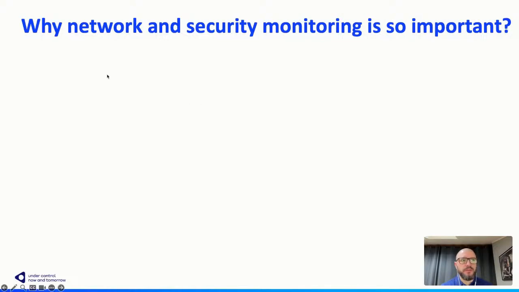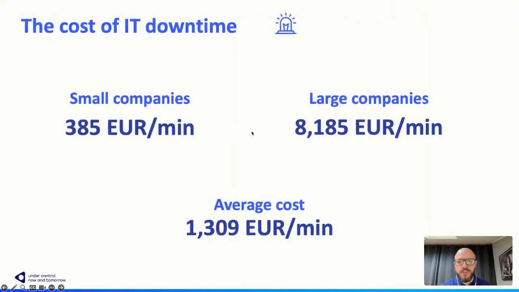So let's start with the presentation, and the very important question for this year: why is network security monitoring so important? Of course, it's important because the cost of the downtime, of unavailability of the services of the network, is really, really expensive. For small companies, the cost of downtime can be around 400 euro. For large companies, it can be over 8,000 euros.